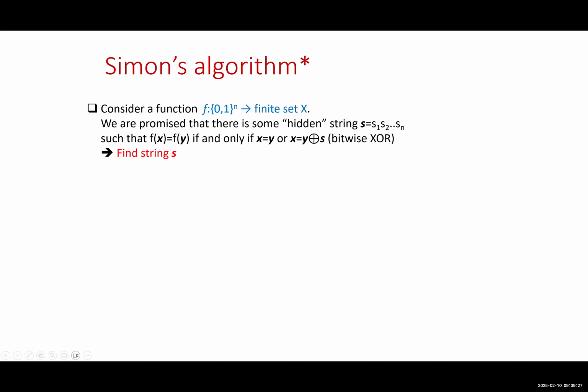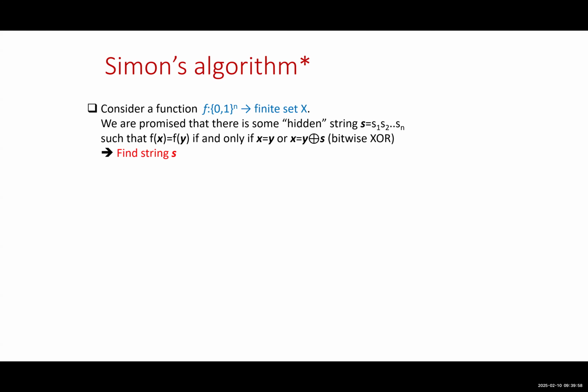Okay. Yeah, so Simon's algorithm is considering a problem of a function mapped to some finite set. And there is one hidden string so that the evaluation of f(x) equals f(y) if and only if they differ by this bit string s, bitwise XOR.